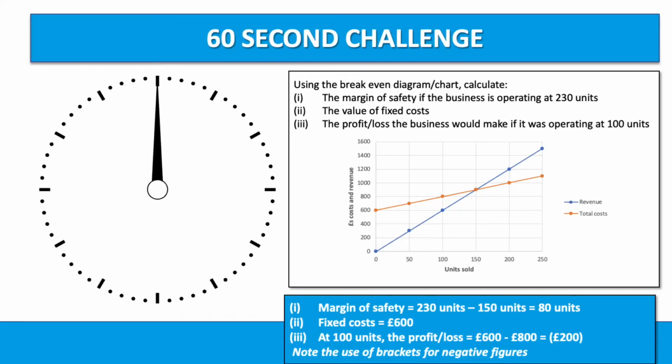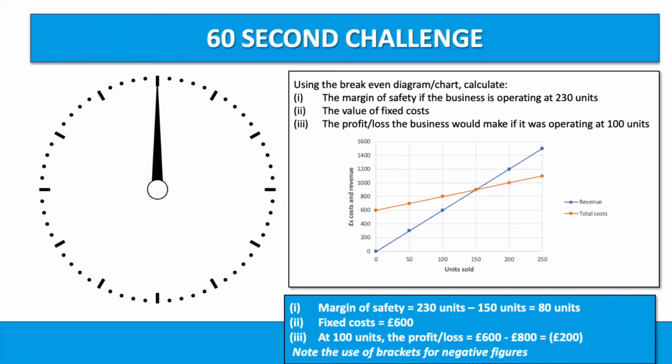So the margin of safety, first of all, if the business is operating at 230 units. As Graham's put in the chat window, the formula to calculate margin of safety is actual output minus break-even output. The actual output is given in the question, 230 units, and the break-even output we can get from the break-even chart.